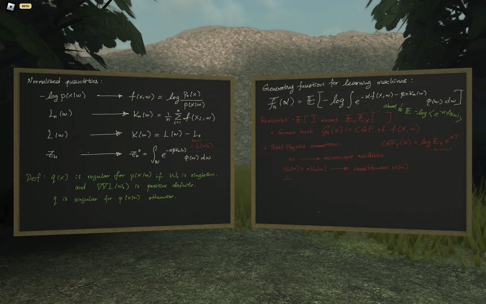The posterior, if you use Hn, looks like, except there is the prior there, the equilibrium or Boltzmann distribution. And the CGF of f of x, w at alpha, if you use the Green Book formulation, looks a lot like the partition function.